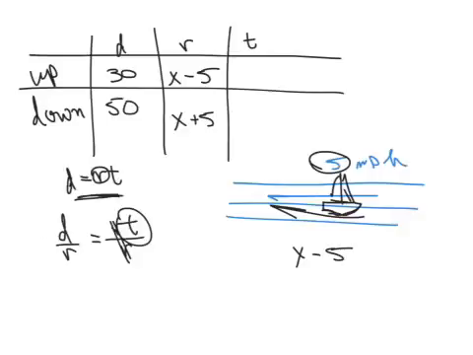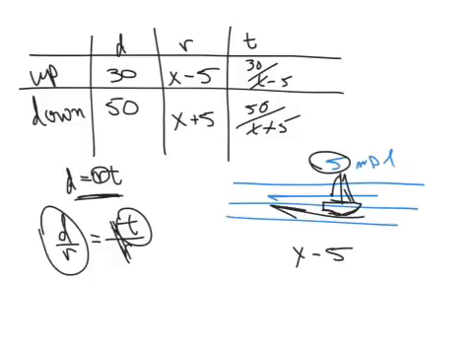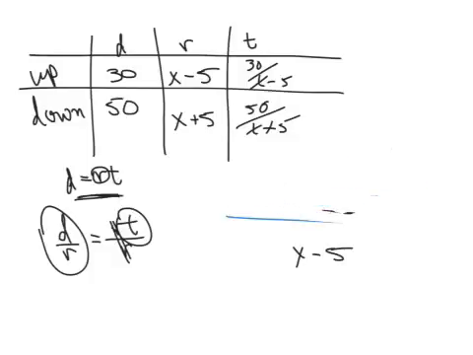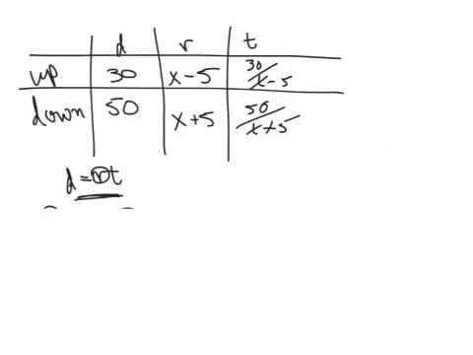And so the time is distance over the rate. So my time here is going to be 30 over x minus 5. In this one it's going to be 50 over x plus 5. Distance over the rate. Okay, so let's get rid of my drawing and some of my other junk here so that I can go ahead and do the work.